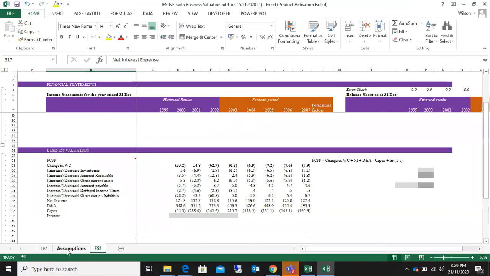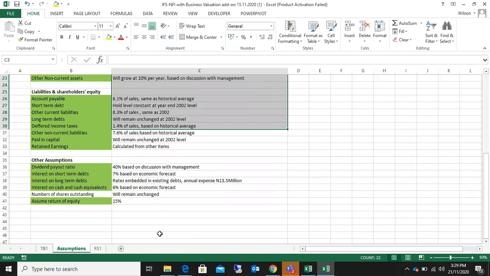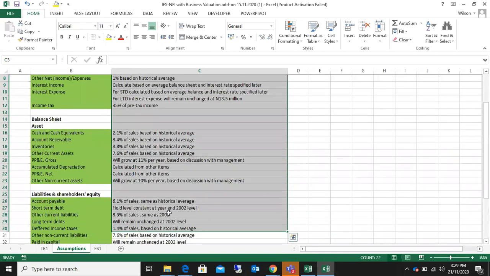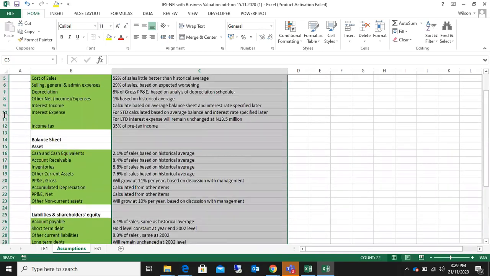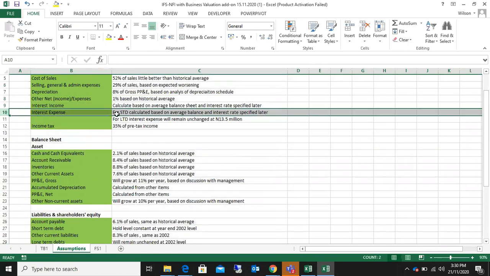So if you look at the assumption, you see that we were told what the interest expense is. The interest expense for STD, which is short-term debt, is calculated based on average balance and interest rate specified later.